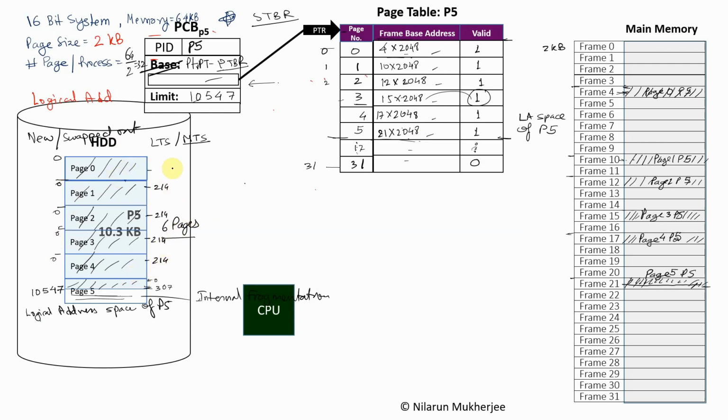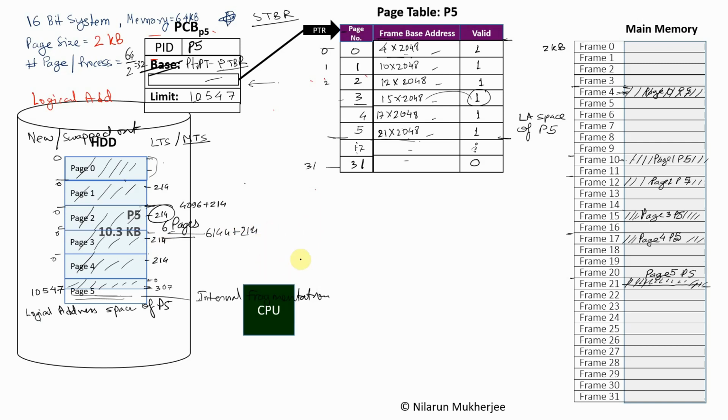Previously it was 4096 plus 214. Now it has become only 214 because it has again started from 0 here. Previously it was 6144 plus 214. Now it has become only 214.